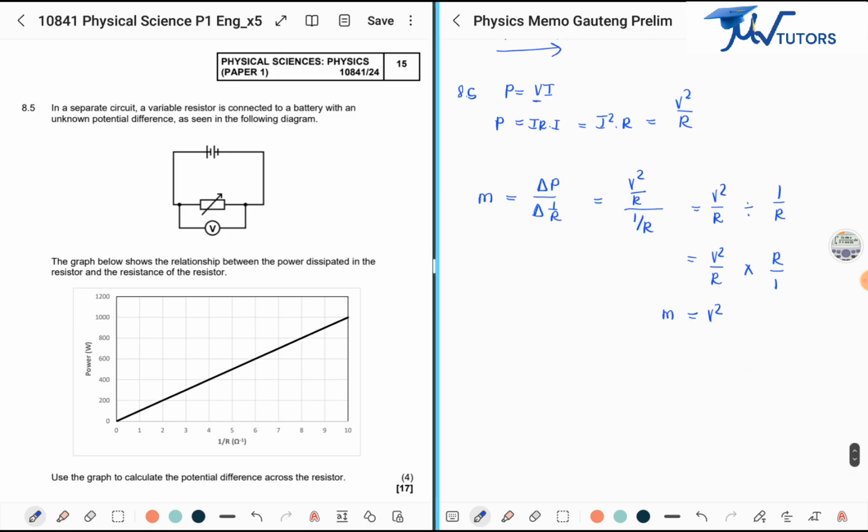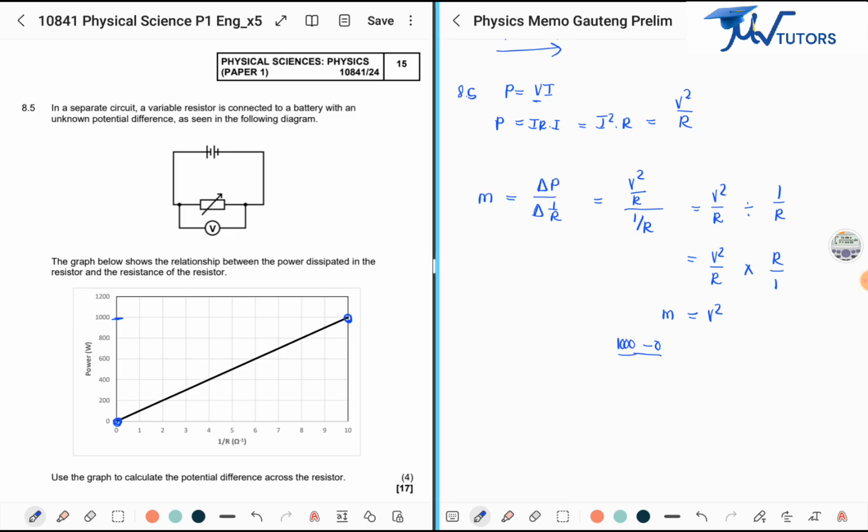Now let's go get the gradient. Okay, so I'm just going to take the points, the beginning and the end, just to make things easy for myself. So in terms of power, I will have final minus initial. And in terms of 1 over R, no, that's not power. In terms of power, I will have 1,000 minus 0.